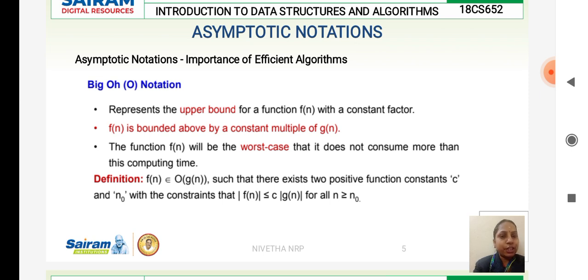Usually we give the definition as f of n belongs to O of g of n, where these two are functions. Whenever your input increases, your time consumption and memory consumption will also increase with the increase in input size. This scenario we represent as big O notation.